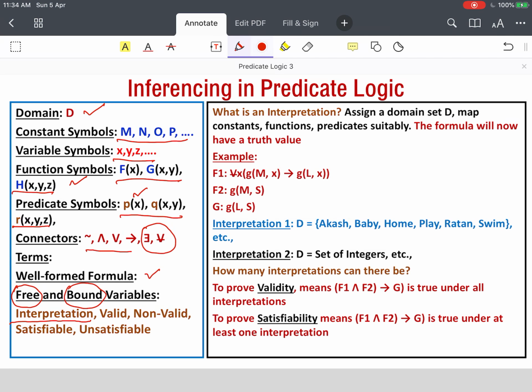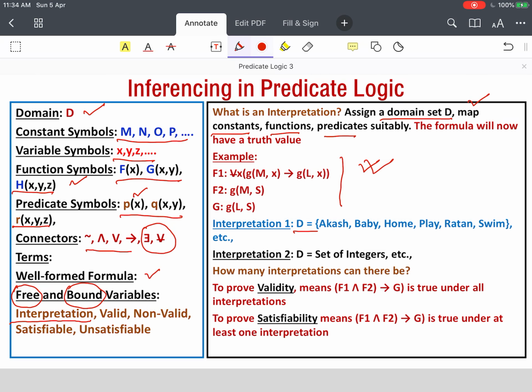And then we went to what is an interpretation. We said that for every interpretation, we define a specific instance of a domain set, and then we map the constants, the functions, and the predicates suitably.